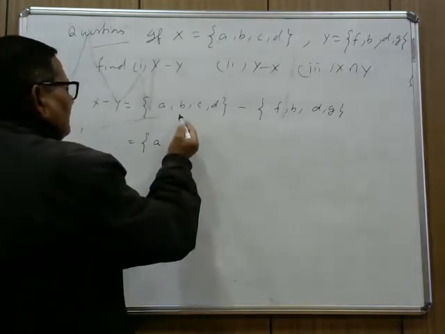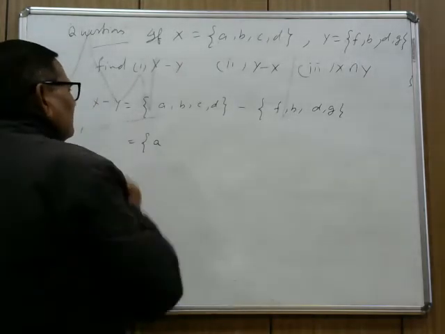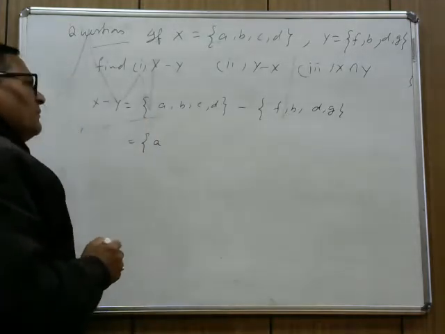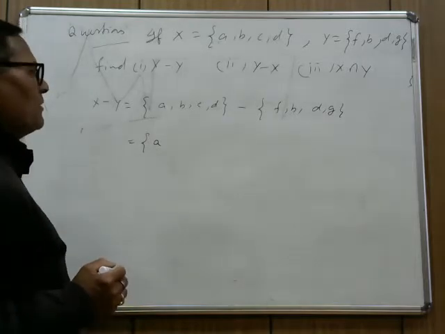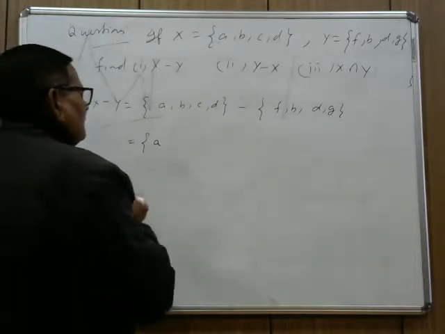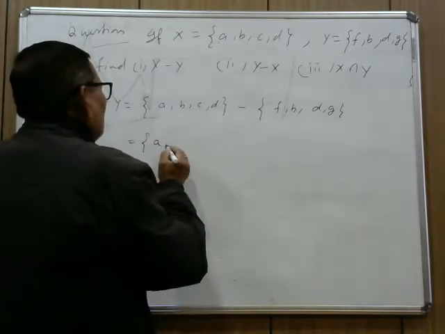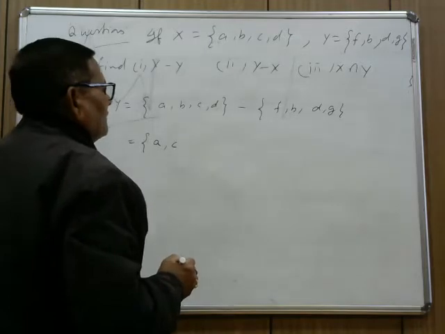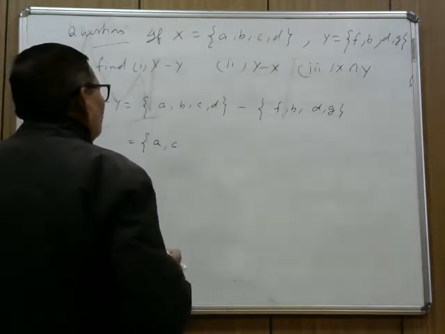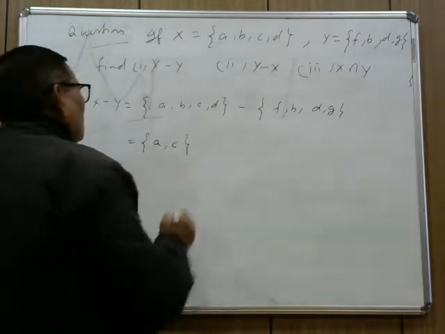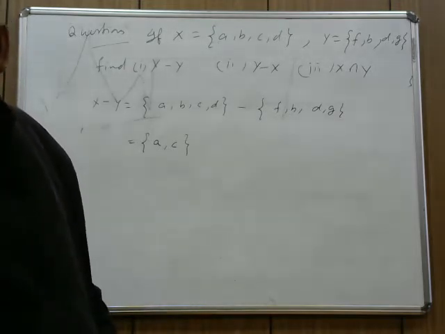B is a member of x but B is also a member of y, so B is not a member of x minus y. C belongs to x but C does not belong to y, therefore C. And last, D belongs to x and D belongs to y both, therefore this is not a member of x minus y. So x minus y is A, C.